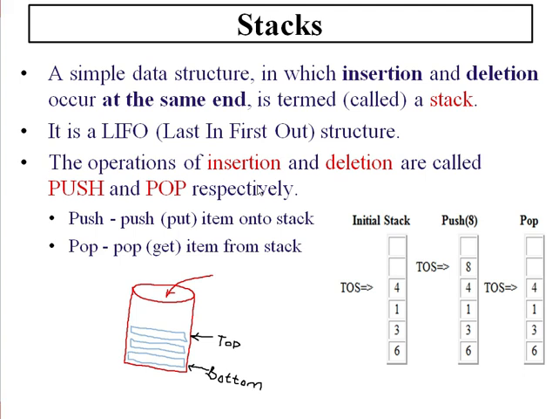The last in first out principle means when we are inserting data into the stack, the first element will be placed at the bottom of the stack, and the next items that will be added into the stack will be pushed on top of the previously added items.